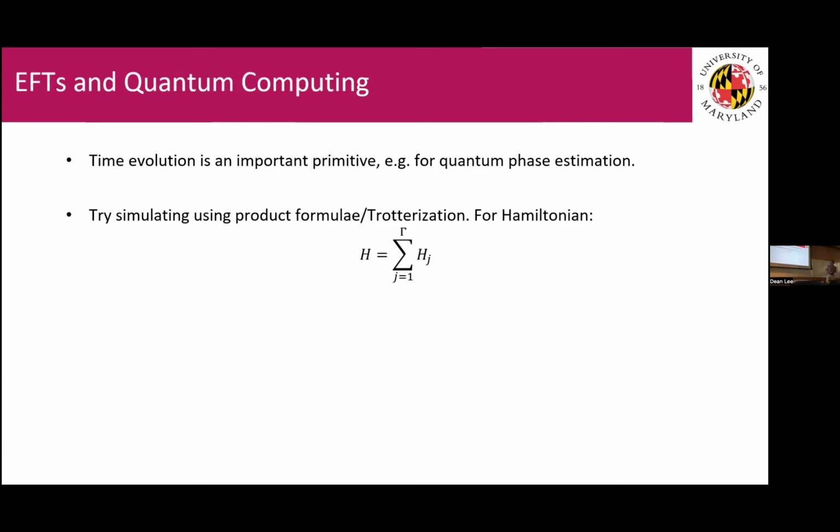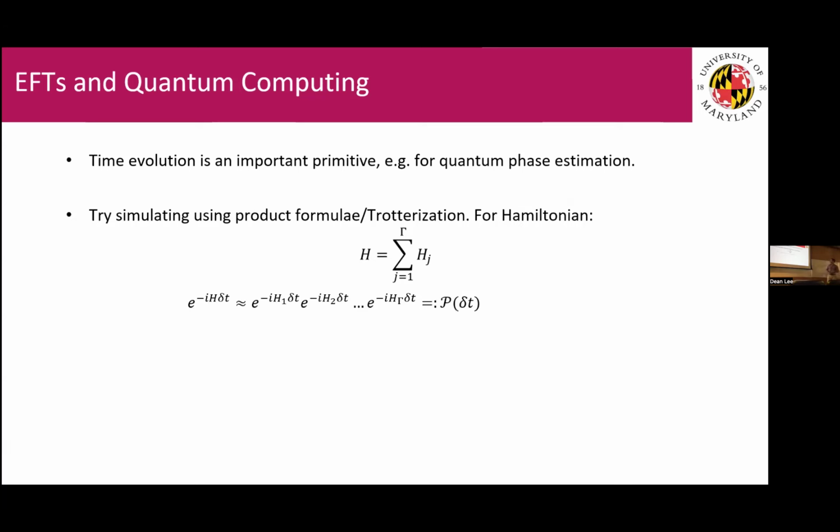So what we're going to be looking at today is product formula time evolution, or Trotterization, as you guys are probably at least familiar with that example. The idea is I have a Hamiltonian, and I can break it up into local terms. It's a sum of these local terms h_j, where each h_j represents a local interaction, like a Coulomb interaction or something like this.